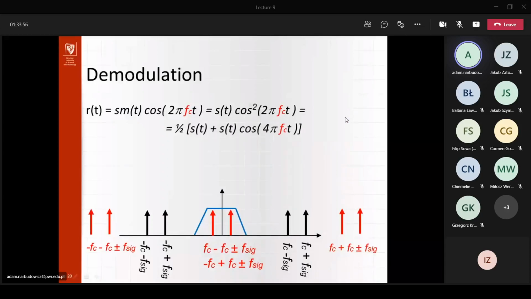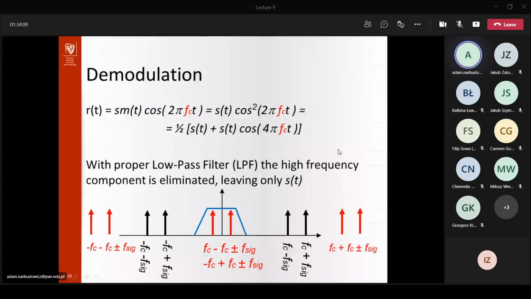And then using the same formula, we end up with half of the amplitude of our original baseband signal plus a component at double the frequency FC, which after filtration leaves us just the baseband. Any questions so far?